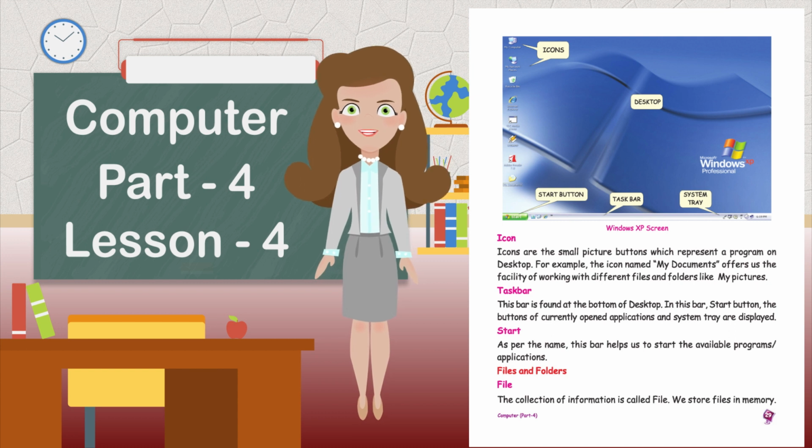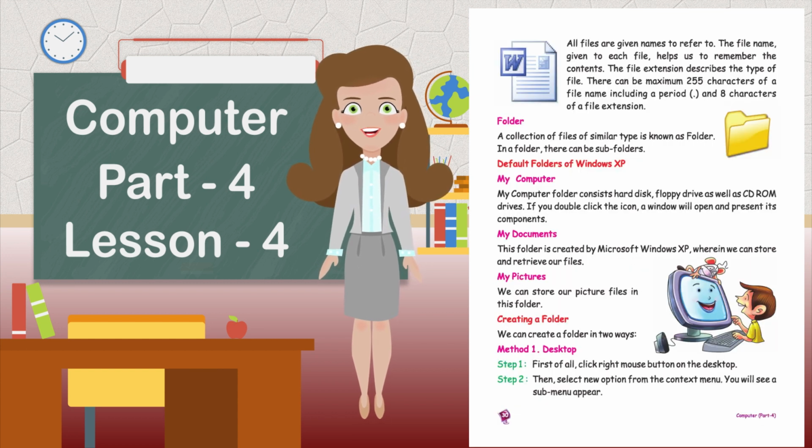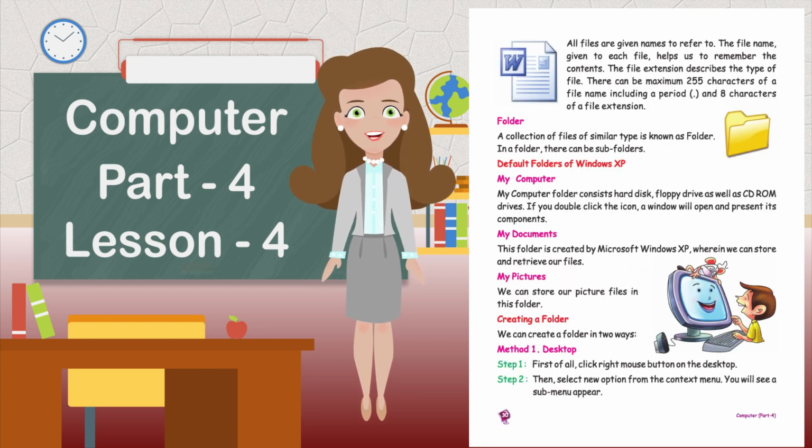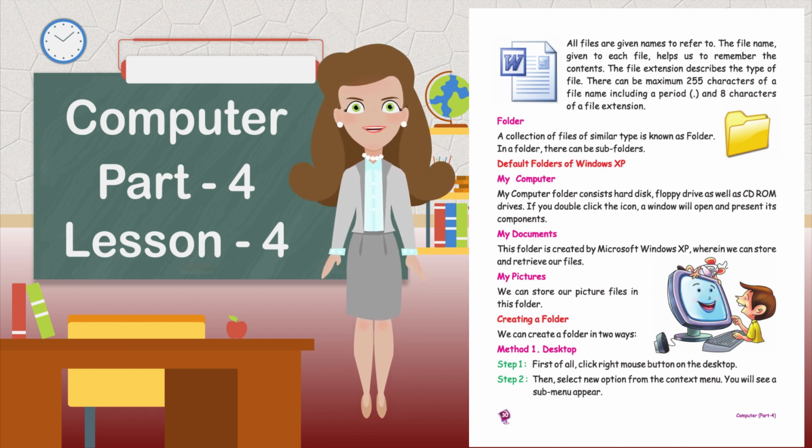Files and folders. File. The collection of information is called file. We store files in memory. All files are given names to refer to. The file name given to each file helps us to remember the contents.